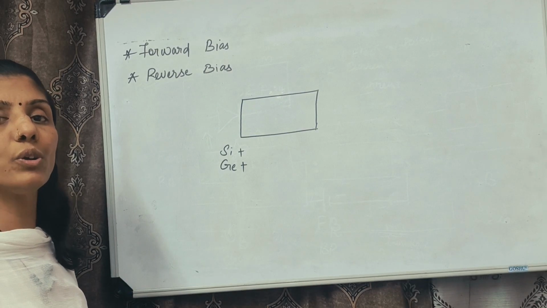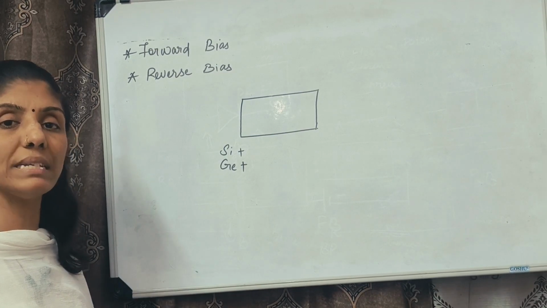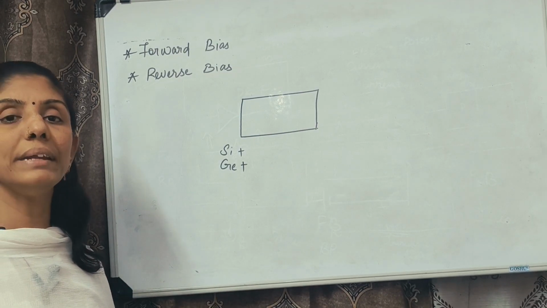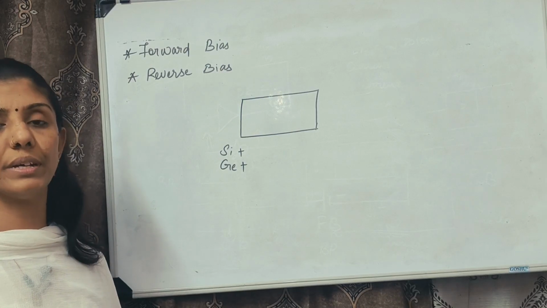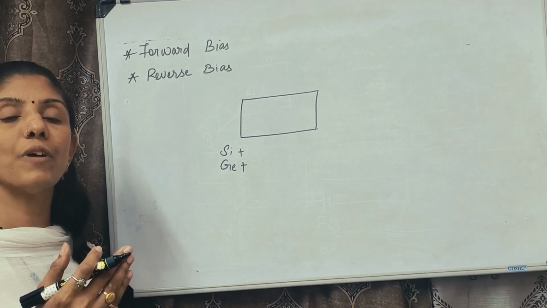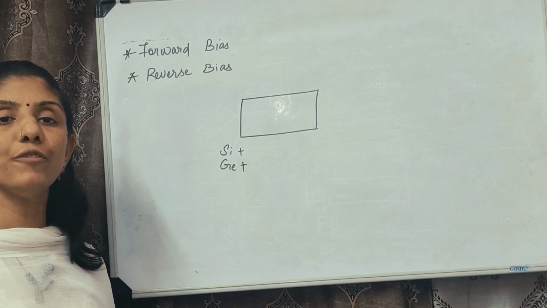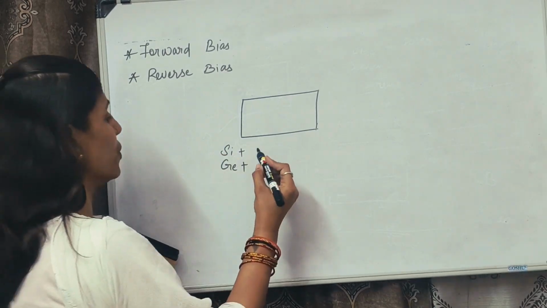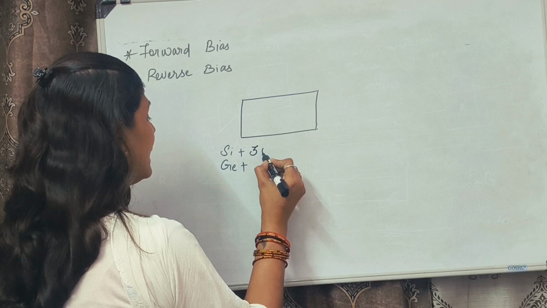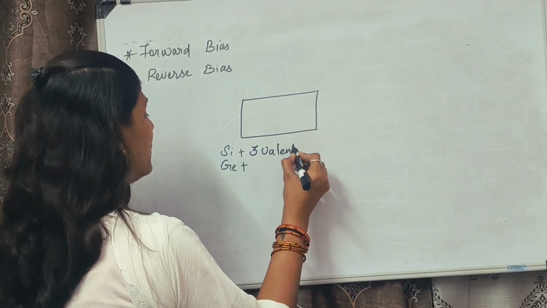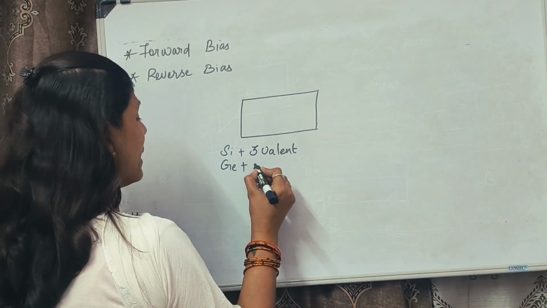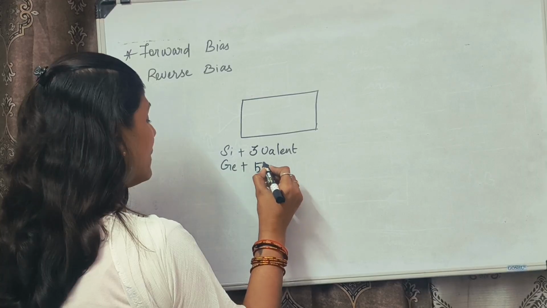If I want to fabricate a p-type semiconductor, I need trivalent impurities. If I want to fabricate an n-type semiconductor, I need pentavalent impurity. So, to this silicon, I am adding trivalent impurity, and to the germanium, I am adding pentavalent impurity.